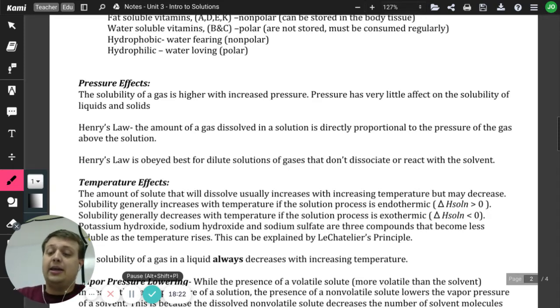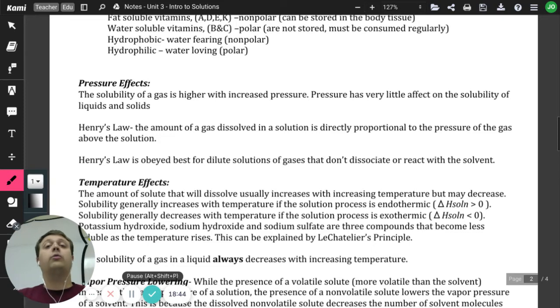Now, if we're talking about the effect of pressure on liquids and solids, it actually has very little effect on them. That's because those molecules are already very, very close together. If we're talking about a gas, increasing our pressure is going to decrease the distance between those gas molecules.